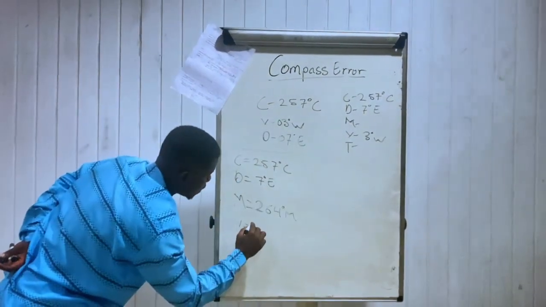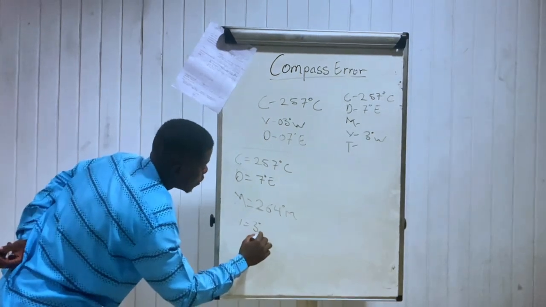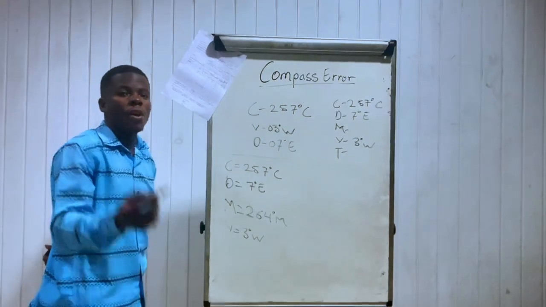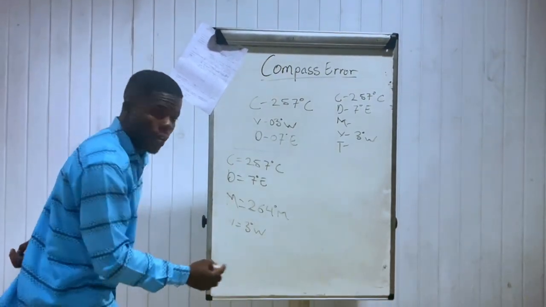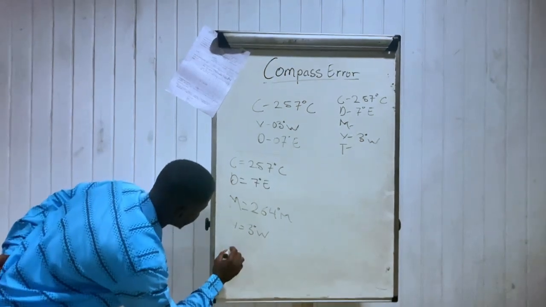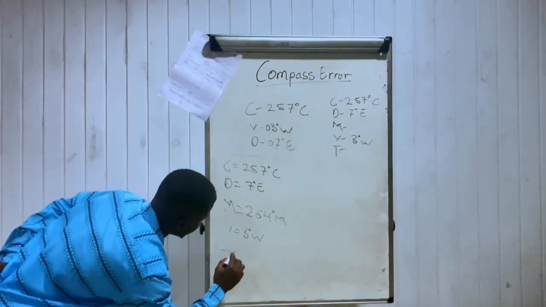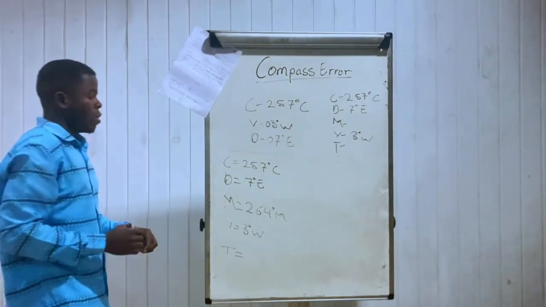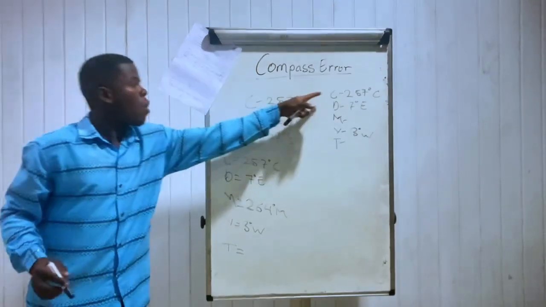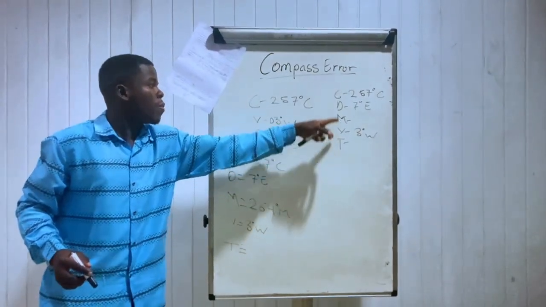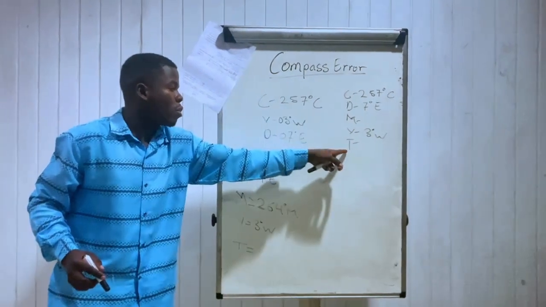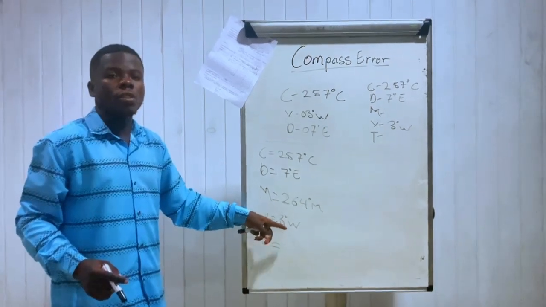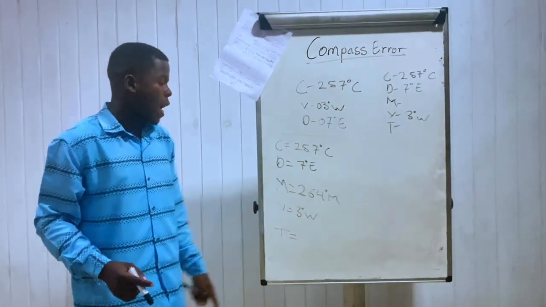So our variation is 3 degrees west. With that, for us to get our true course, we are moving from compass to true, and they are saying that we are having 3 degrees west, meaning that we are going to do subtraction.